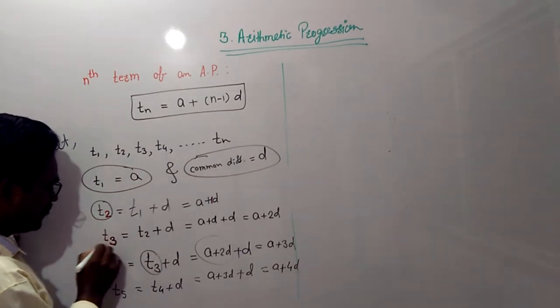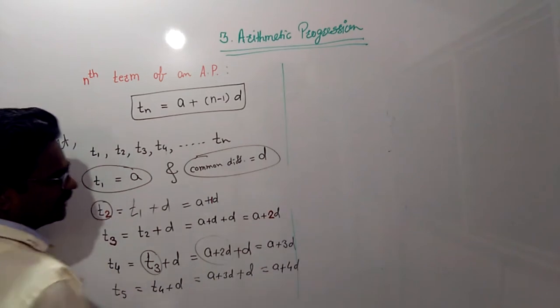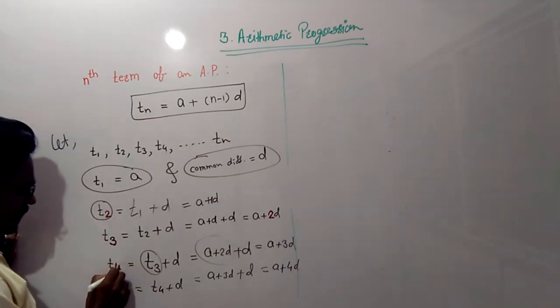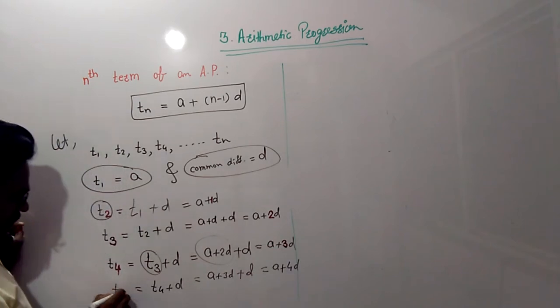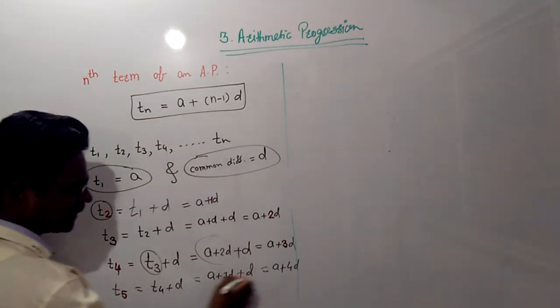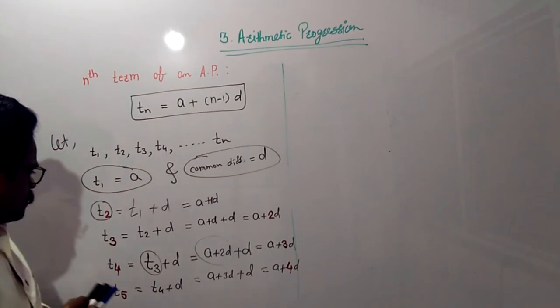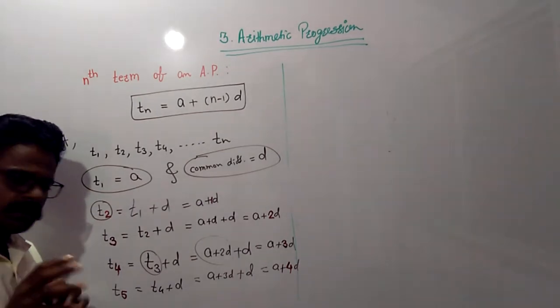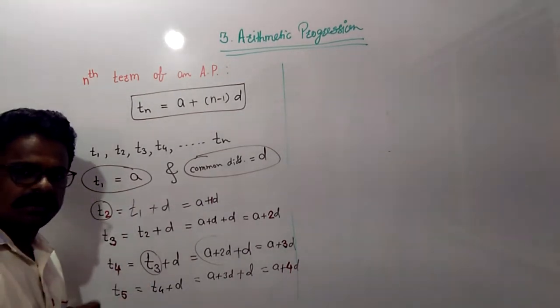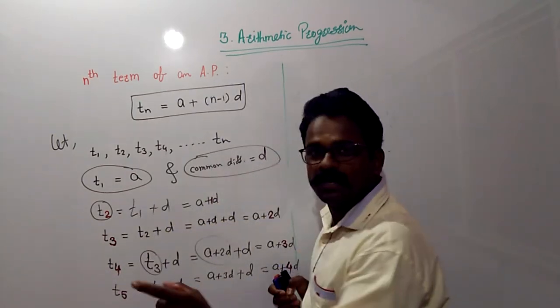T3 is equal to a plus 2d. T4 is equal to a plus 3d. T5 is equal to a plus 4d. So, if you are able to capture the pattern in all these terms, then you can easily find the formula for the nth term.